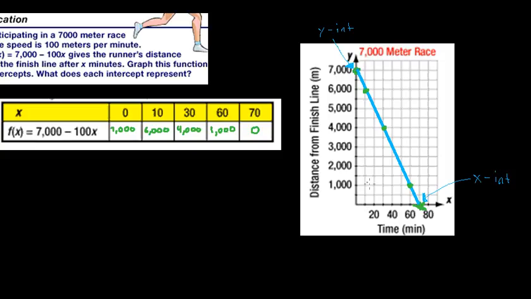The person's not going to keep running, like the Energizer Bunny in the commercial that keeps going and going. When this woman crosses the finish line, she stops. It's the end of the race. And similarly, you can't go back in time, so you're not going to have negative time. She's not going to go back in time and continually run either. So it starts here, ends here, and that's it. Duration of the race.